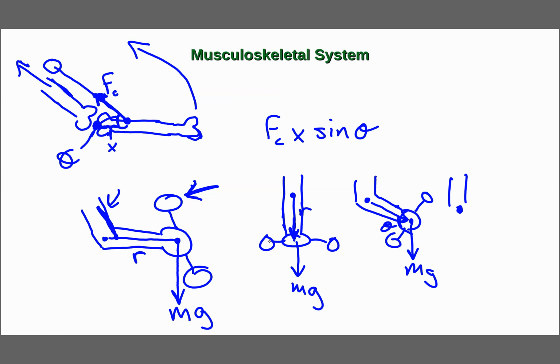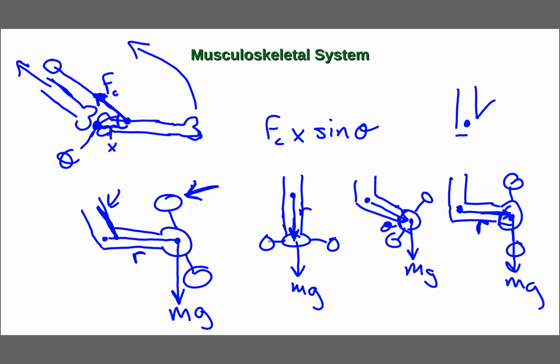And so then as my arm bends even more, like this, now mg points straight down like this. And this R is perpendicular to mg now. And then if we go a step further up here, and my arm is bent now like this, with this weight in it, we can see that R with mg pointed straight down, now it's less than 90, right?